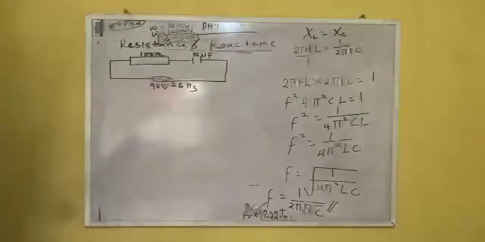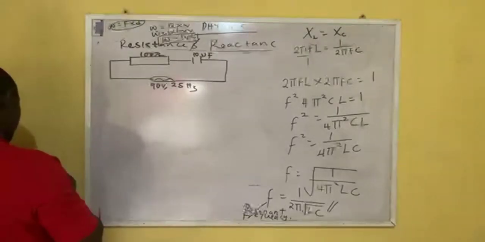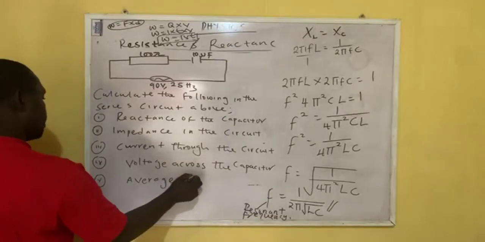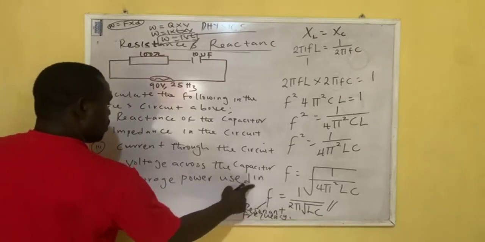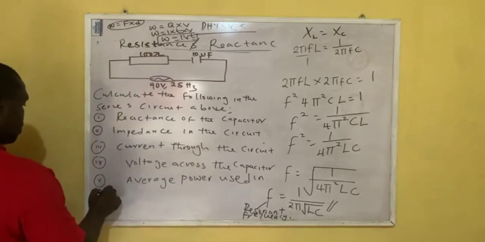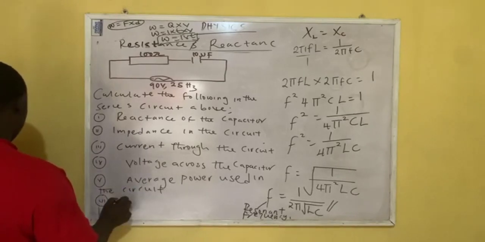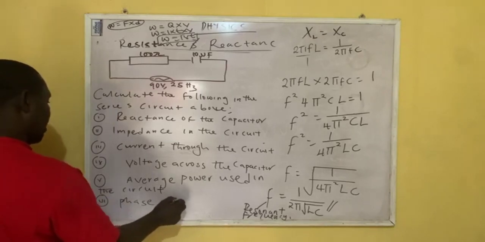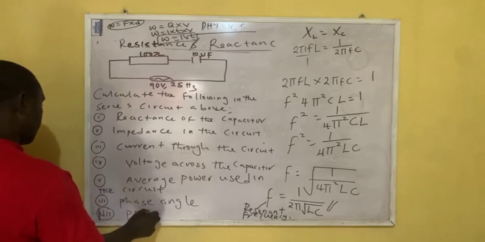And then the question says you should find, we are told to calculate the average power used in the circuit, the phase angle, and the power factor.